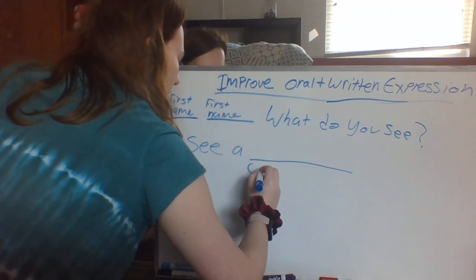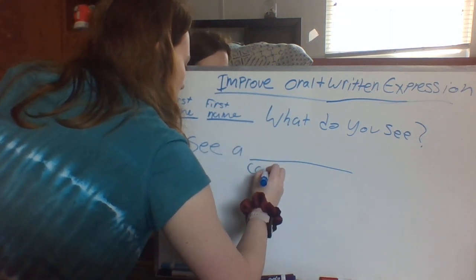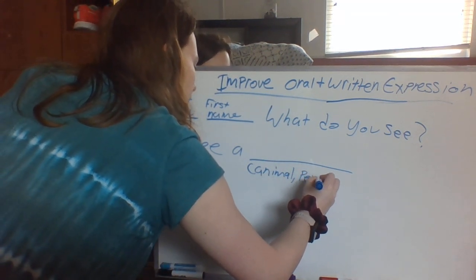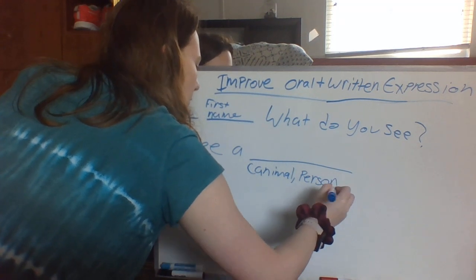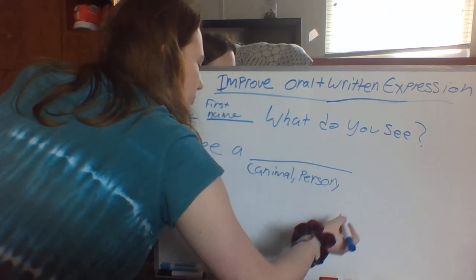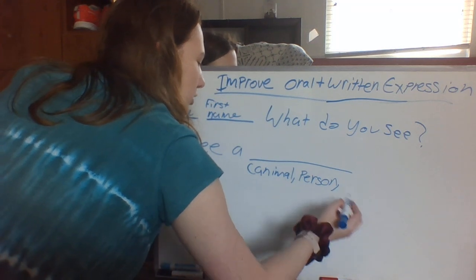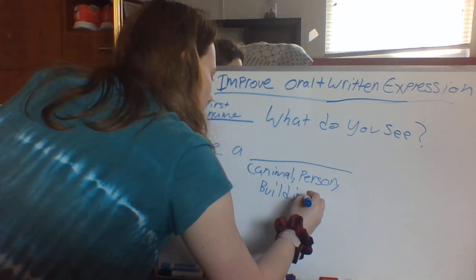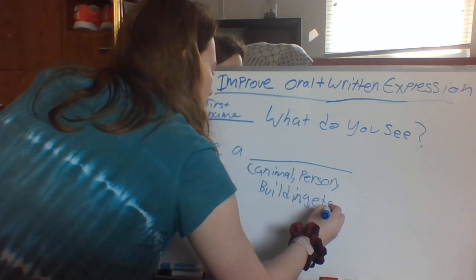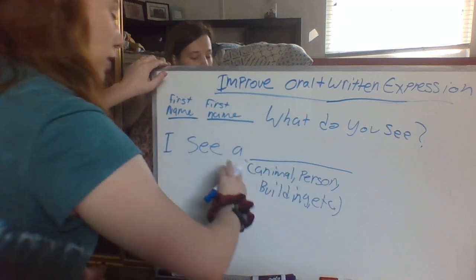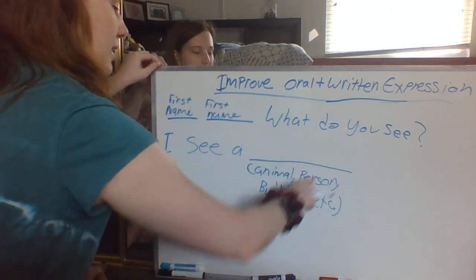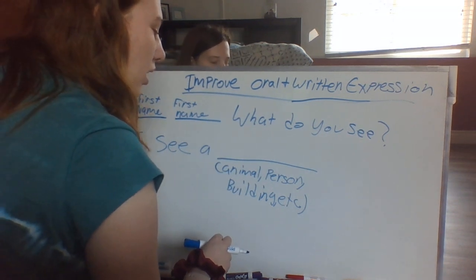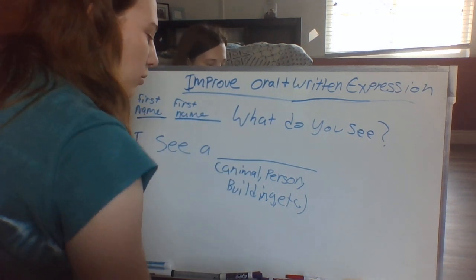So here, I'll write out examples that you can put in here. So animal, a person, I don't know, maybe a building. I don't know if a building would work, but etc. So students can put whatever they see in this sentence, or it's probably better to use an animal, actually.